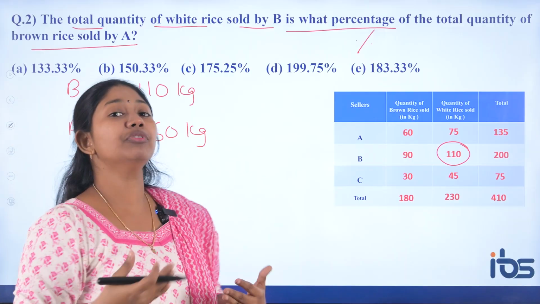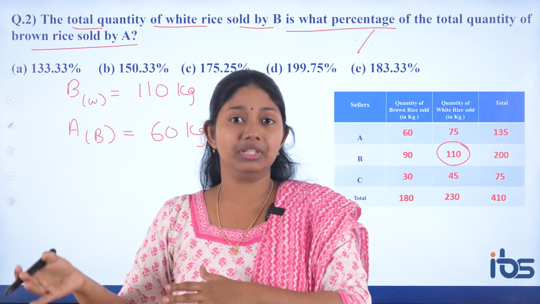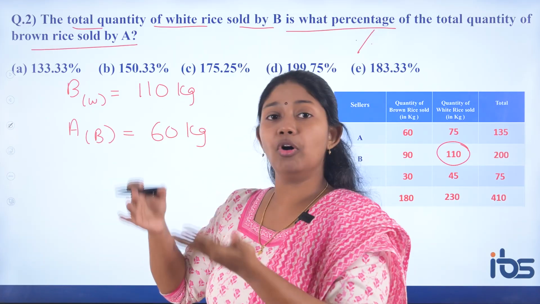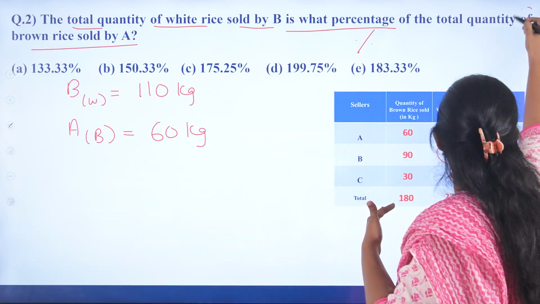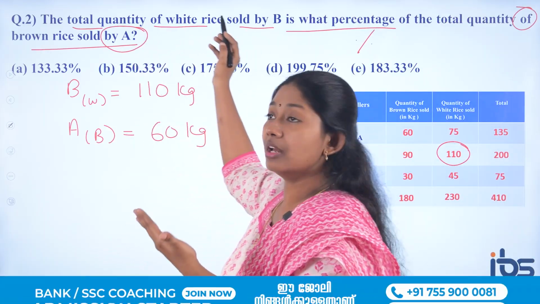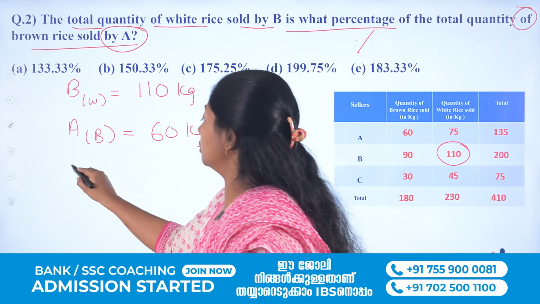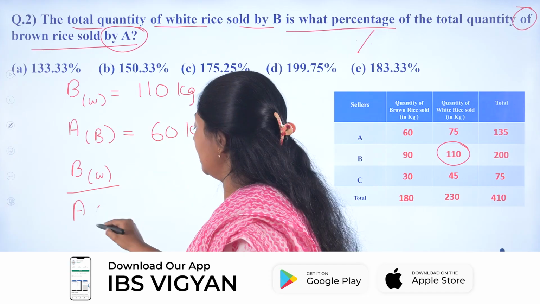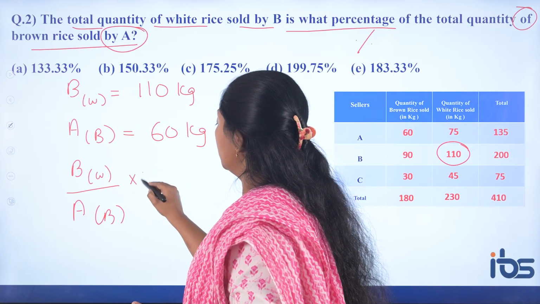If you have confusion about what to put in the denominator when comparing, if it is 'than' or 'of', the term that comes after 'of' you have to put as the denominator. So the formula here is B's white rice by A's brown rice into 100.